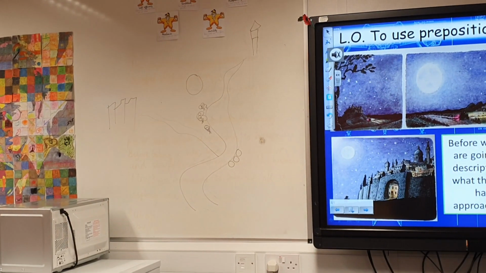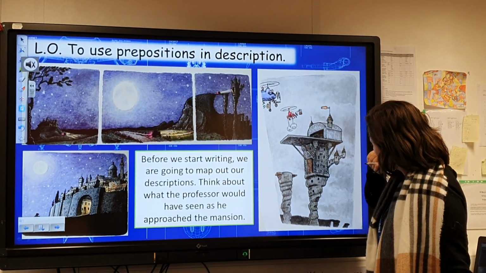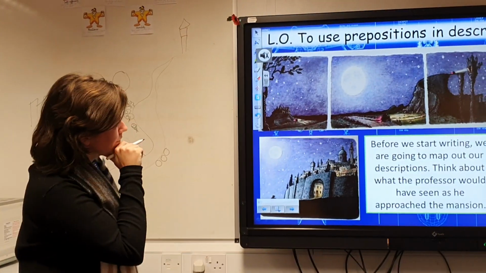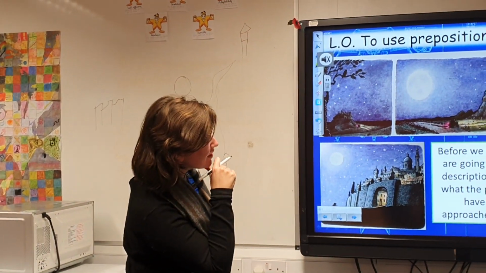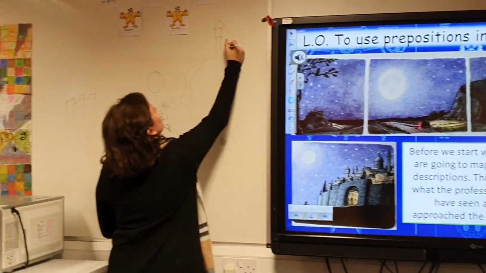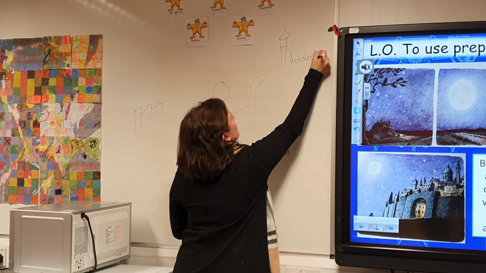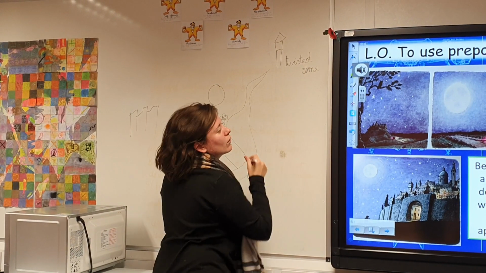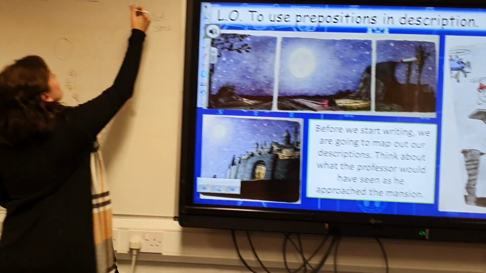So, what have we got here? Stones, is it concrete stone? Twisted. I'm going to go for twisted stone for the moment to describe it. We've got pointed turrets.